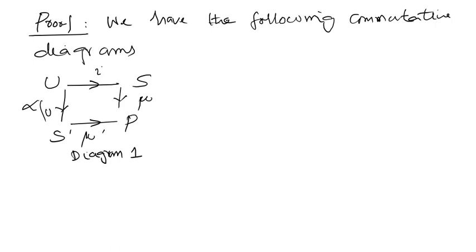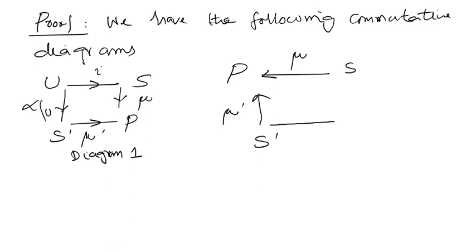It's P here, the pushout diagram, with mu and mu prime, here S prime, here S. This is the identity map from S prime to S prime, and from S to S prime it's alpha.